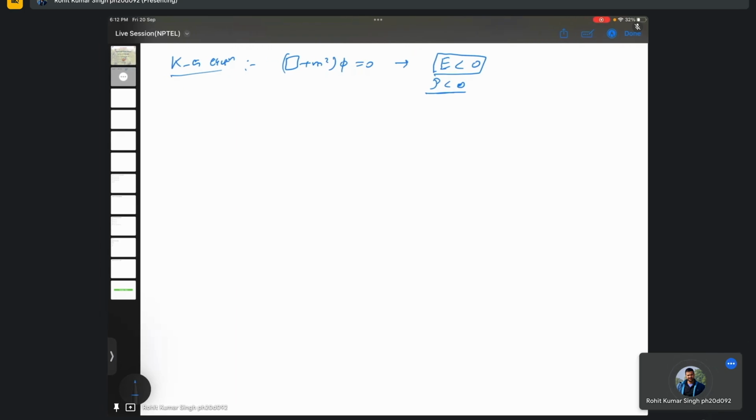So in this equation you see the box operator, which is also called the D'Alembertian.